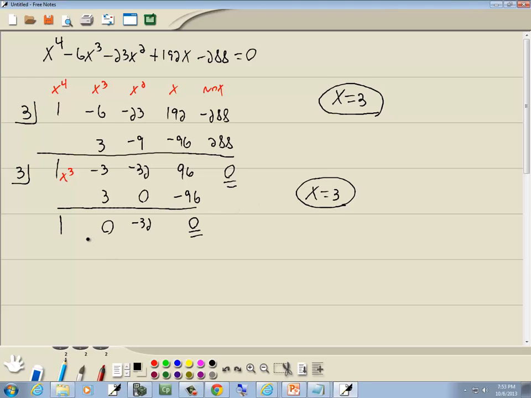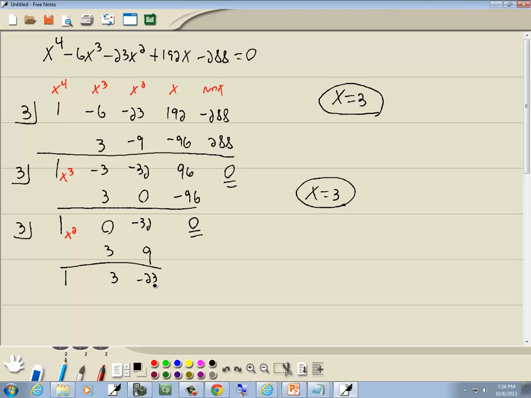Now you might wonder, well, is it our third answer? Let me do it just to show it. If you're writing this down while you're watching this video, you probably don't want to write this part down. But if I plug in 3 again, by the way, this went from x to the third, I'm now down to x squared. If I try 3 again, add, multiply, add, multiply, add, and that gives us negative 23.